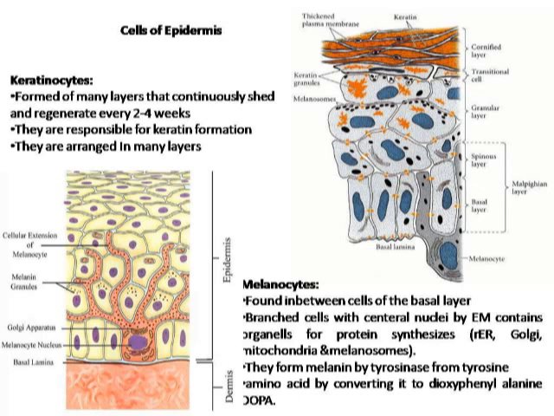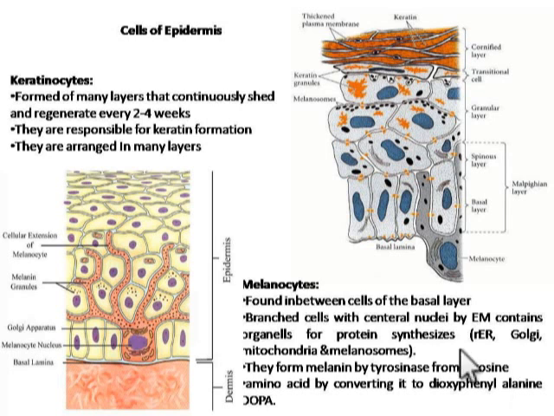They form melanin by tyrosinase from tyrosine, which is very important for our body color.